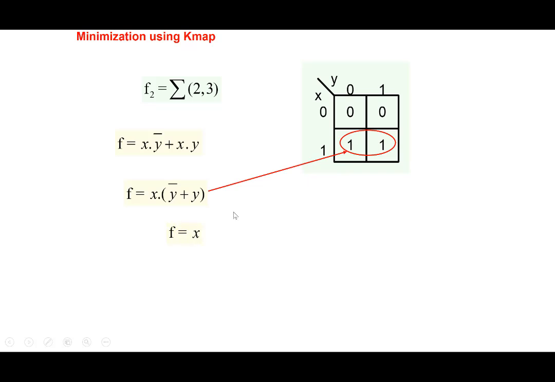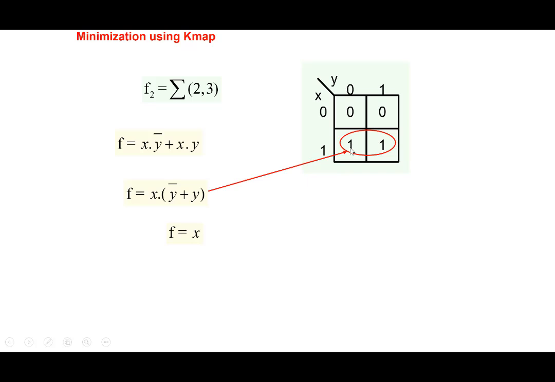F is equal to x here. Y is changing, 0 and 1, and so that disappears because of y plus y bar equal to 1, and what is common, x, remains. So taking x common out and applying the principle y plus y bar can be done on the Kmap representation by looking at two neighboring ones and combining them.